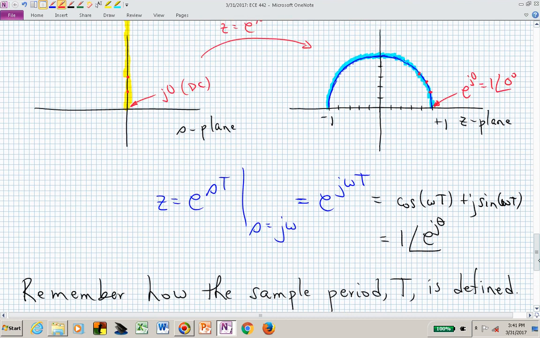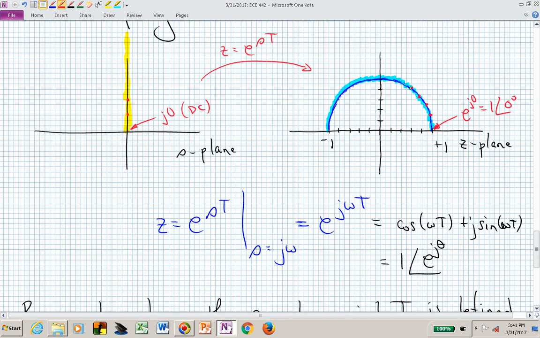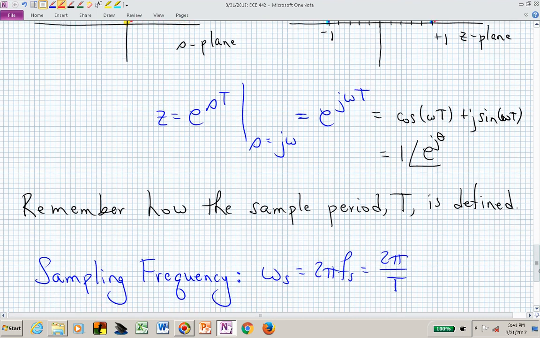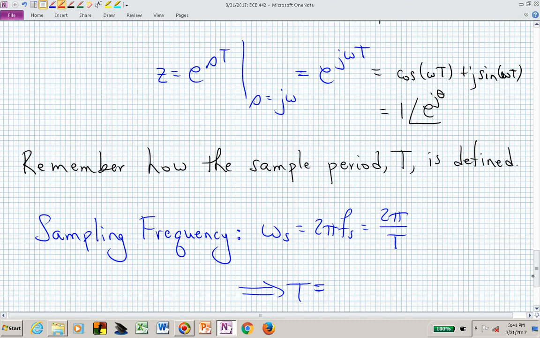Now, in order to see what really happens when we keep going up and up on that imaginary axis in the s-plane, where does that take us on the z-plane? To see that, let's remember how the sample period capital T is defined.